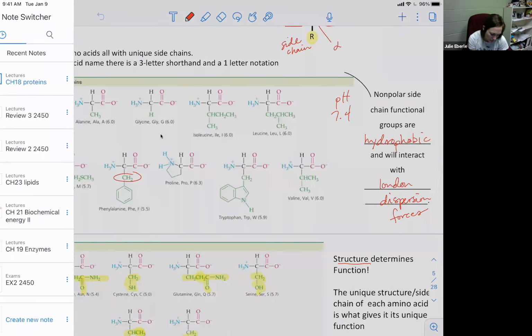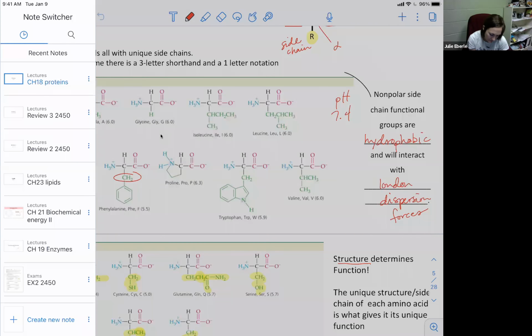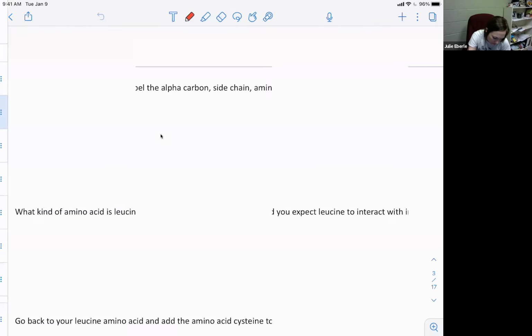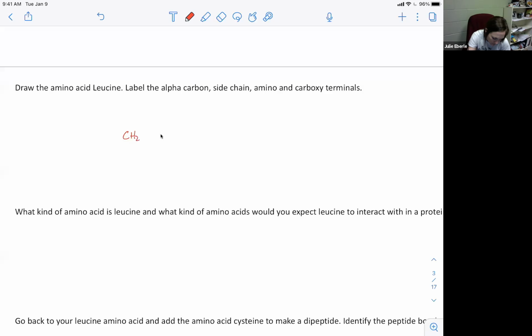So let's draw leucine. So that's how it would look at pH 7.4 if it's by itself. The N and the C terminals are charged.